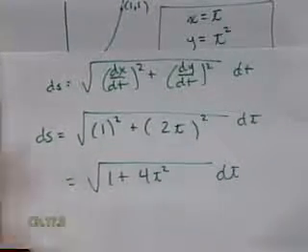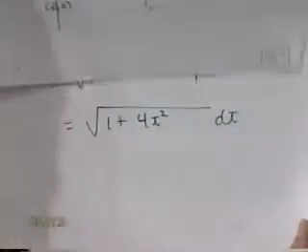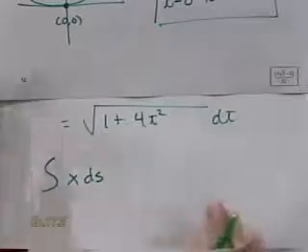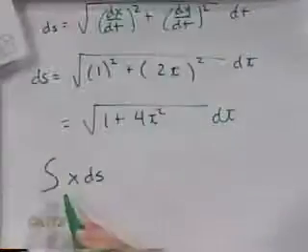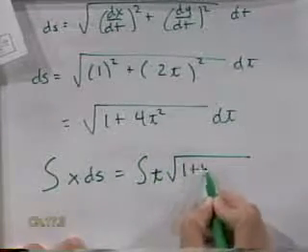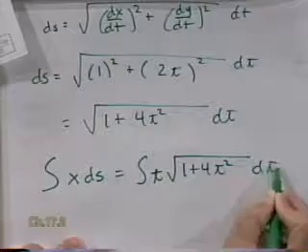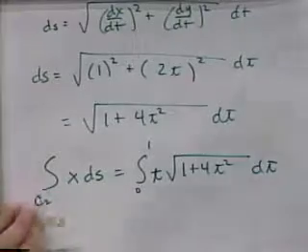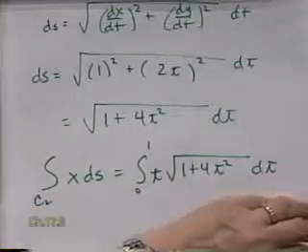Okay? So plugging this in now, we are figuring out the integral of x ds along this curve. Our parametric representation had x was t, so where I see x, I replace it with t. ds is the square root of 1 plus 4t squared, dt, and we had t ranging from 0 to 1. This is a simple u substitution, isn't it?